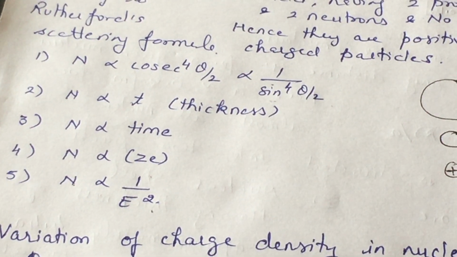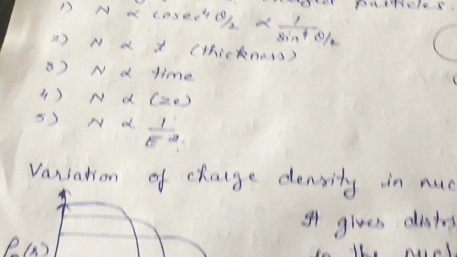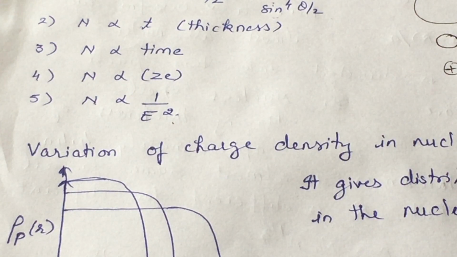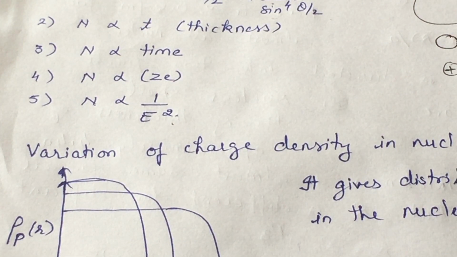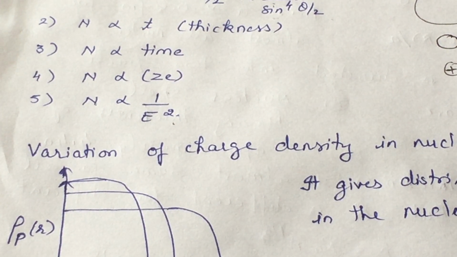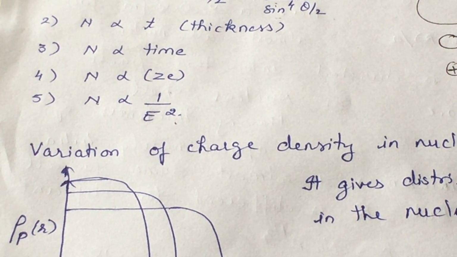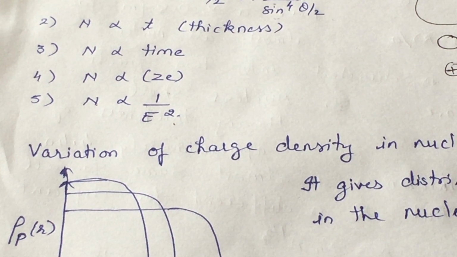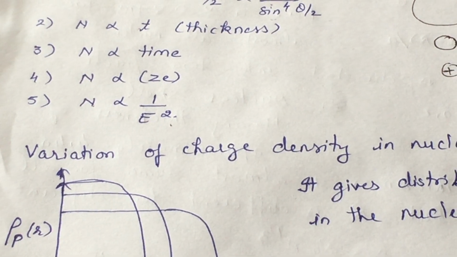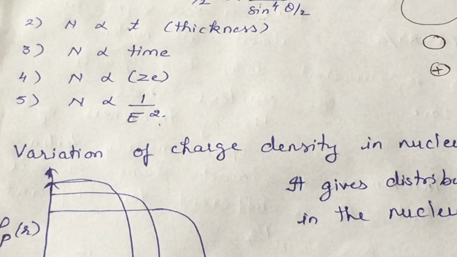Now, on the basis of the above conclusions, we can find out the distribution of positive particles, that is protons, per unit volume inside the nucleus, and hence the charge density inside the nucleus.